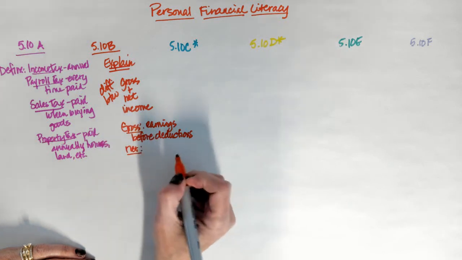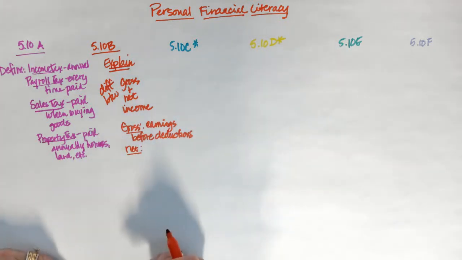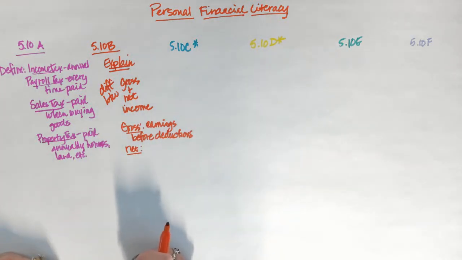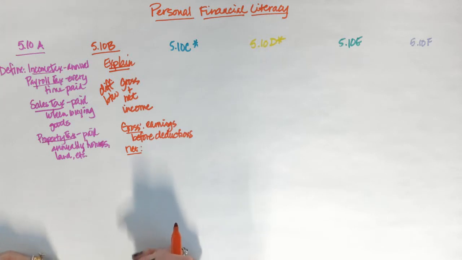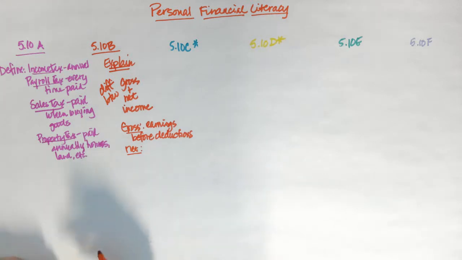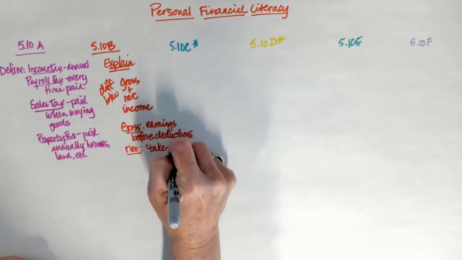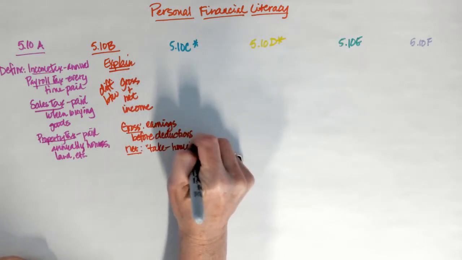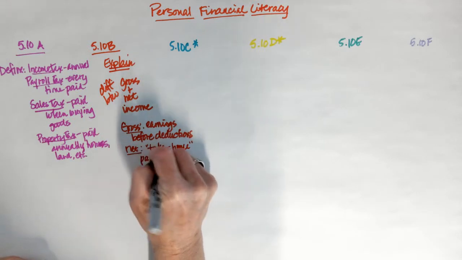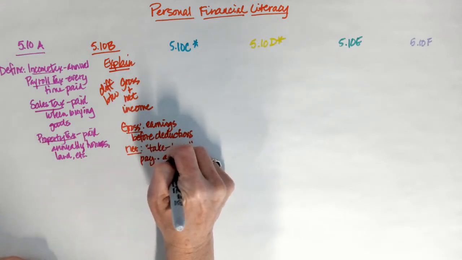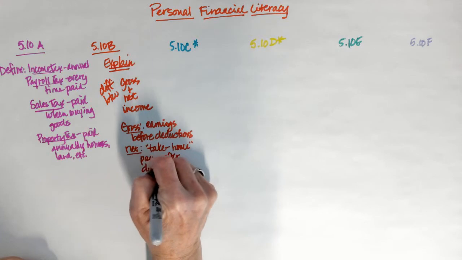Net income is my earnings after all of my deductions have been taken out. So we think of net income as our take home, what I get to take home after my earnings. So this is my take home pay. So this is after deductions.